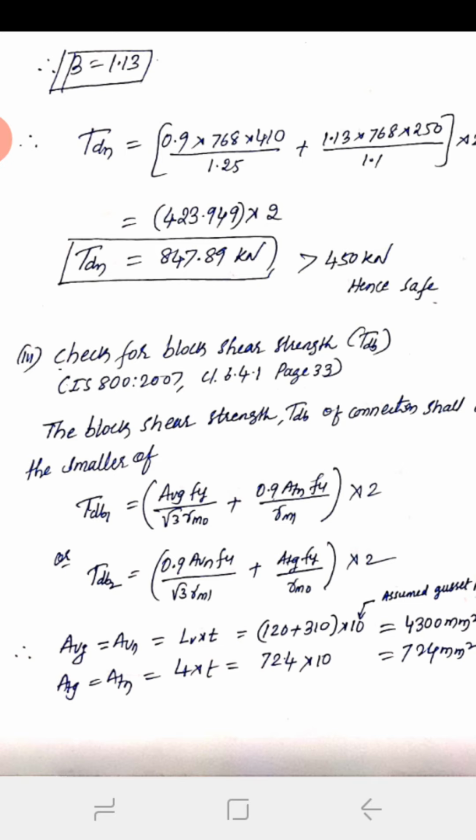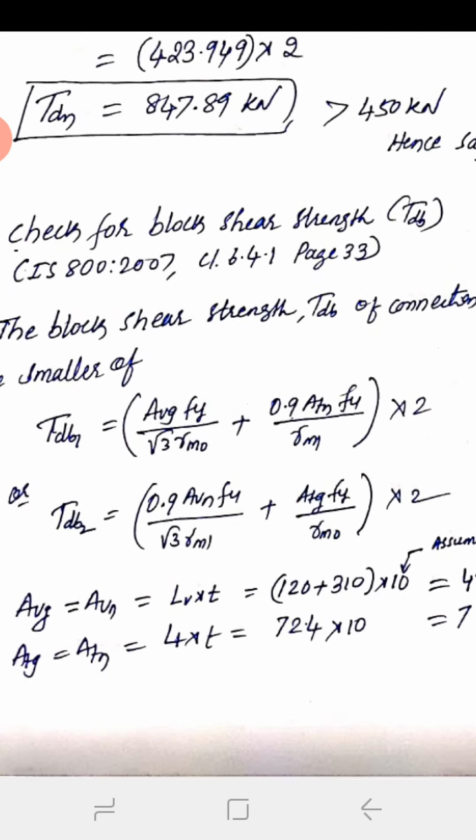Calculate AVG and AVN, ATG, ATN. AVG is the shear area, which is to be taken parallel to the load, and ATG is the tension area, which is to be taken perpendicular to the load. How to calculate these AVG, AVN, ATG, ATN I already explained in the earlier problem and in the welded connection also, so please refer to that and substitute in TDB1 and TDB2.